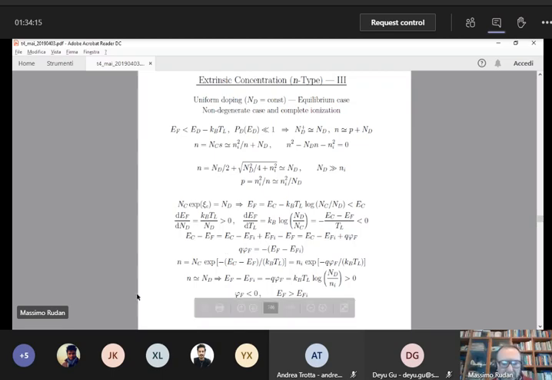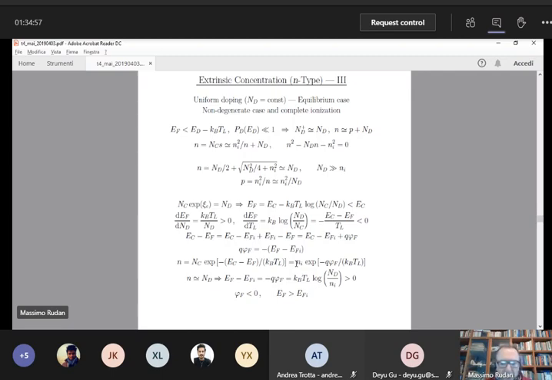If you now take the exponential expression of the concentration, you remember it is Nc e to the minus Ec minus Ef over kT, and then you replace this definition here, you obtain an alternative expression of the concentration, that is the intrinsic concentration times the exponential of minus Q phi F over kT. Okay.